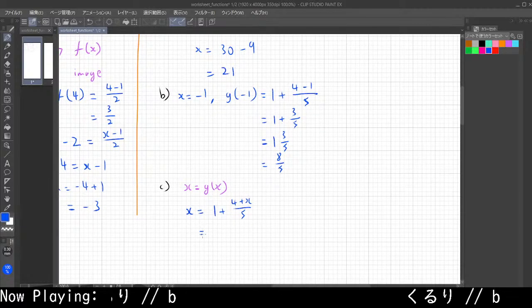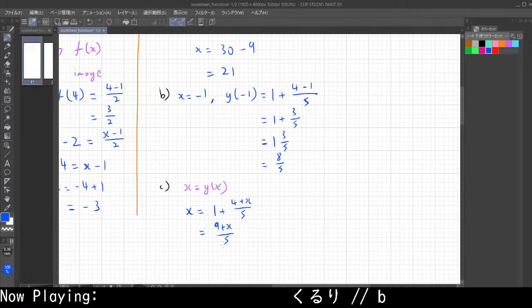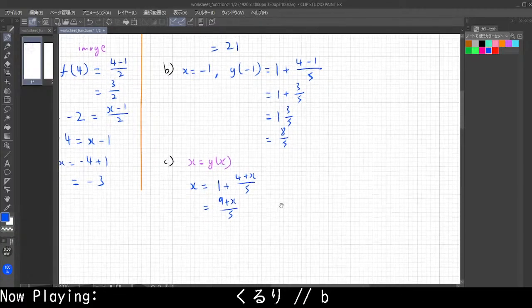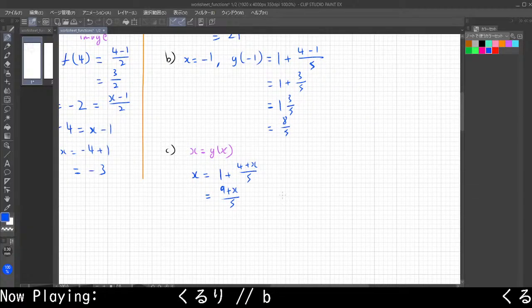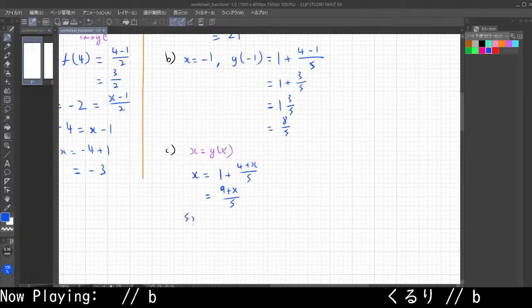Arrange this and you will get the same form as in question A, (9 plus x) over 5. But since our output is now x, just bring the 5 over to do multiplication. You will get 5x equals 9 plus x.